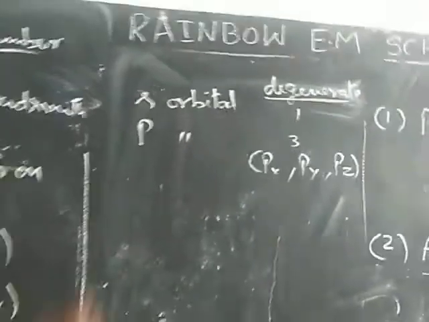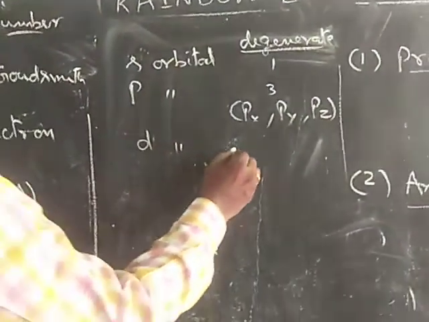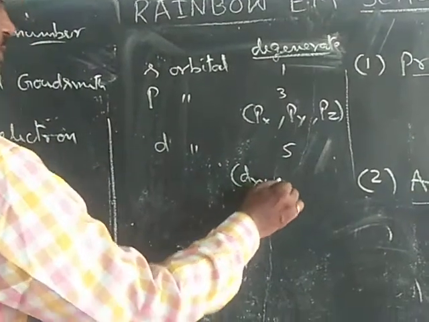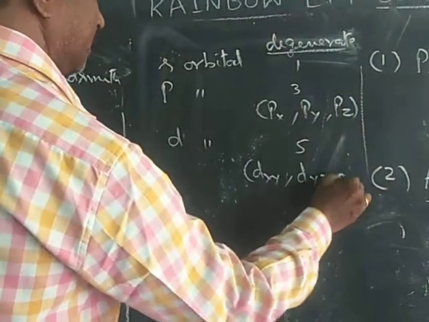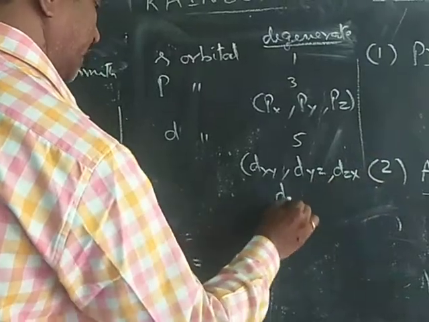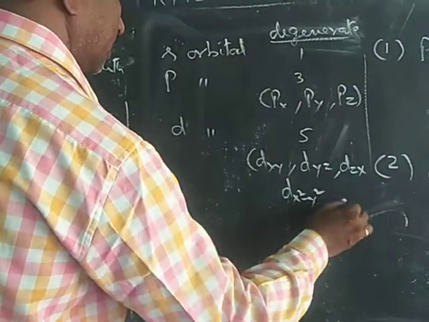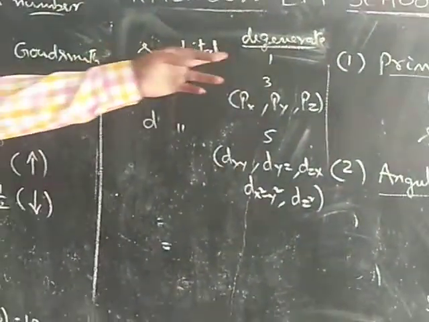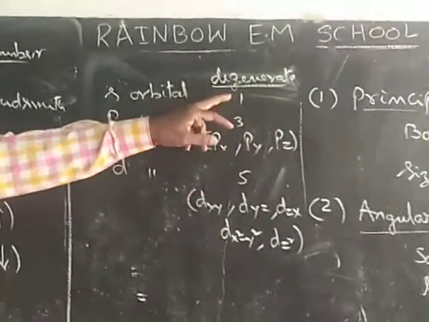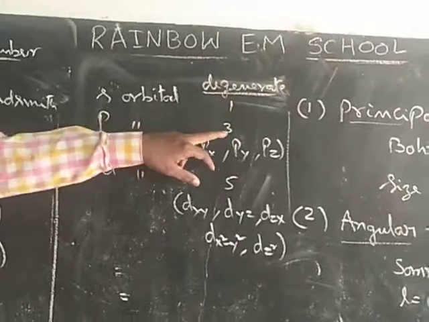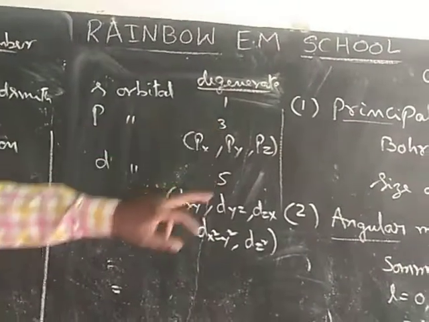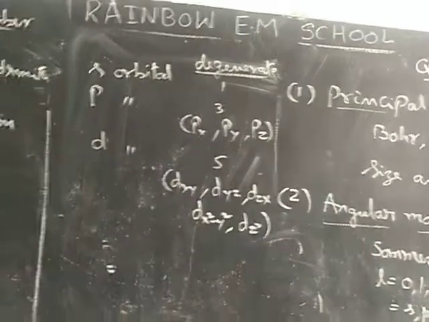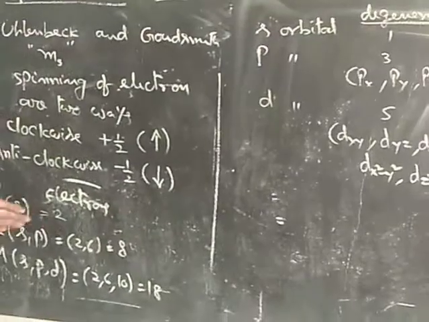Suppose d orbital, that consists of 5 degenerate orbitals: dxy, dyz, dzx, dx square minus y square, dz square. So each orbital holds 2 electrons. P consists of 3 degenerate, 3 into 2, 6. D orbital consists of 5 degenerate, 5 into 2, 10. That's why we write 2, 6, 10.